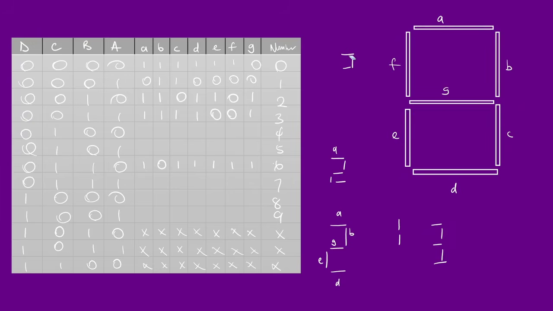Let's just go ahead. So for 4. Is that how to write 4? Okay, yeah, it's this way. So that's going to be B, C, F, G. So that's B, C, F, and G. Okay, so you can see the process we're going through.